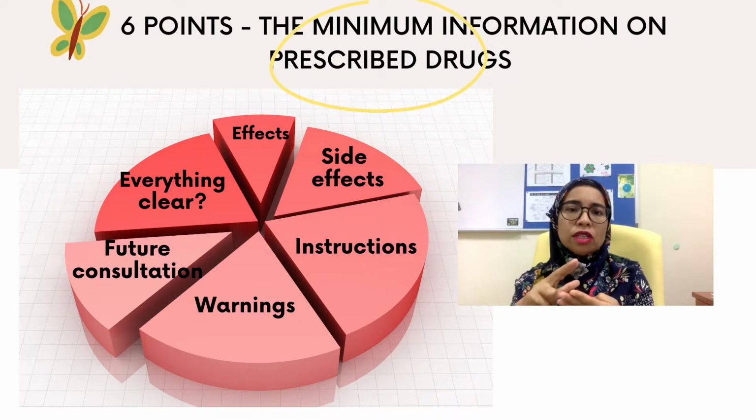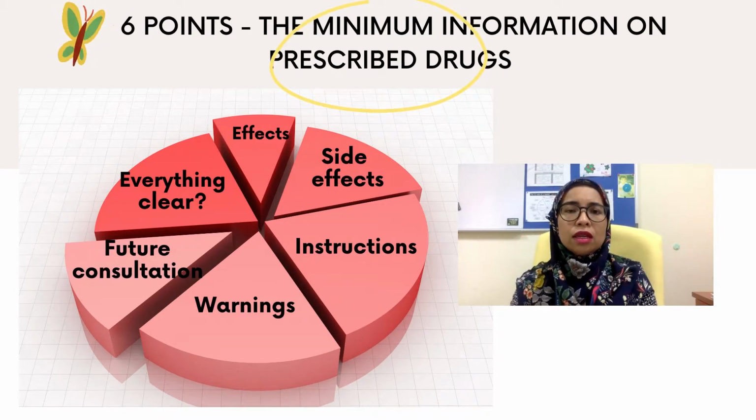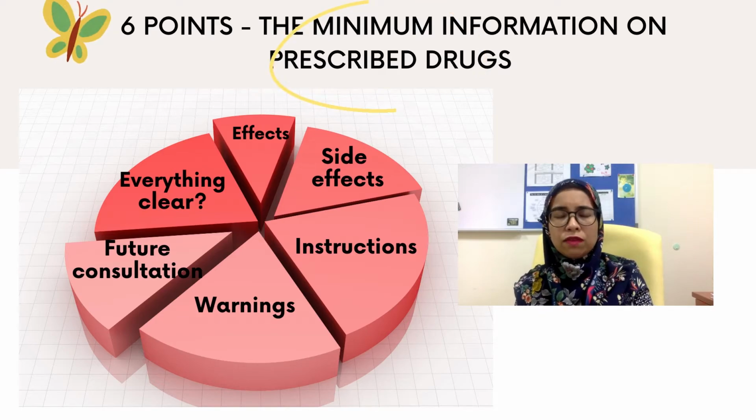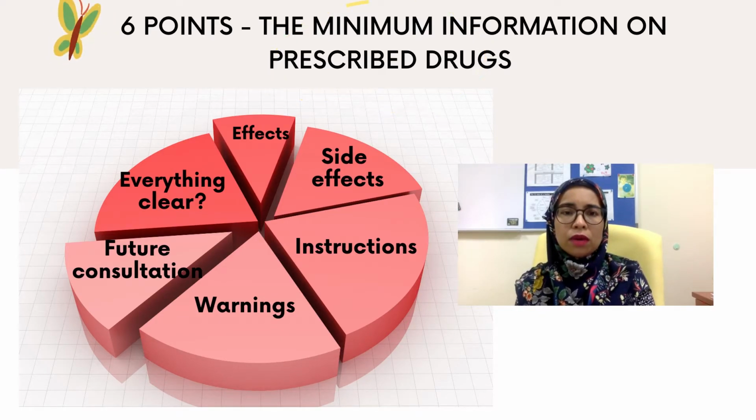Number 4 is warnings. Number 5 is future consultation. And number 6 is you have to ask them whether they are clear with the information that you have given to them so far. I will talk about each of these 6 points in the later slides.